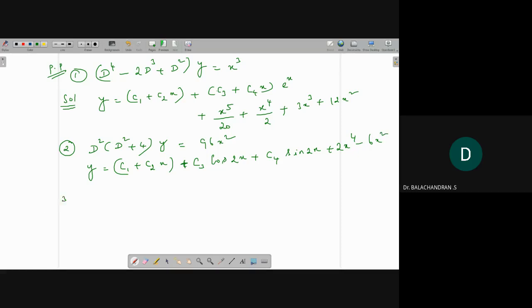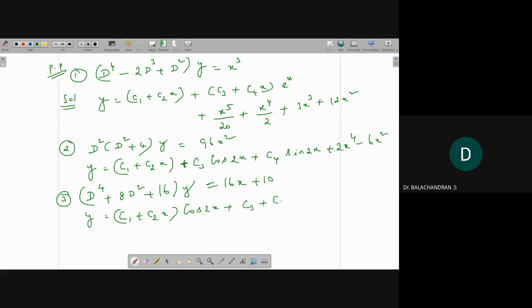Third problem, solve (D^4 + 8D^2 + 16) y = 16x + 10. y equal to (c1 + c2 x) cos 2x + (c3 + c4 x) sin 2x.